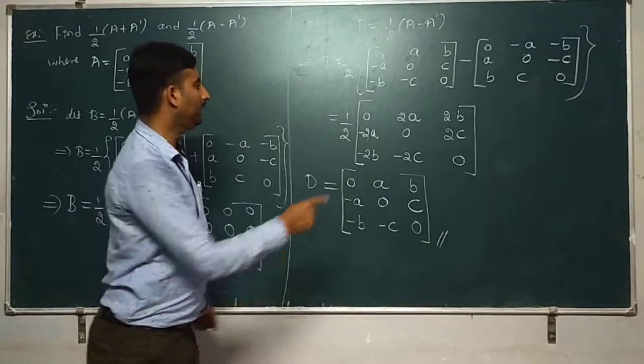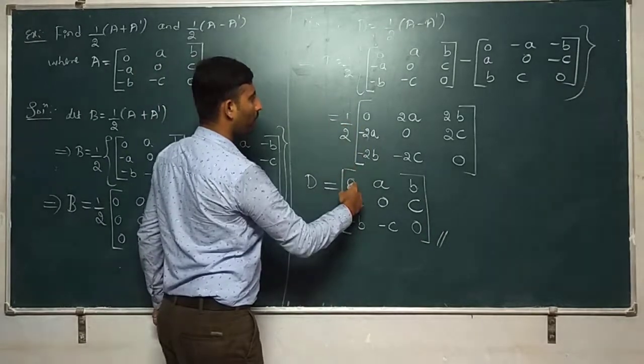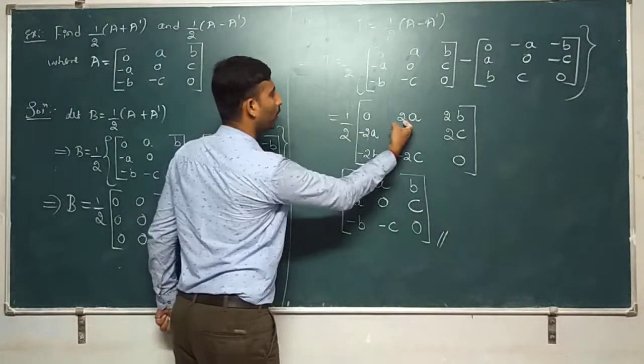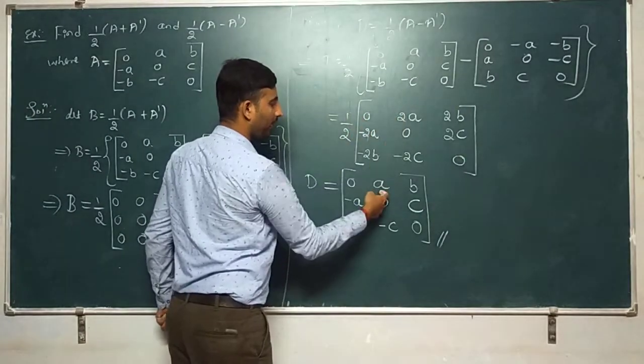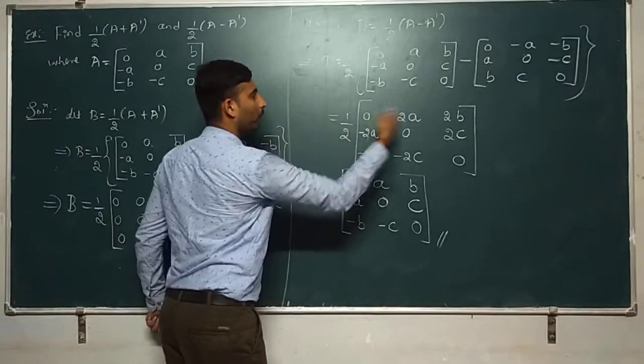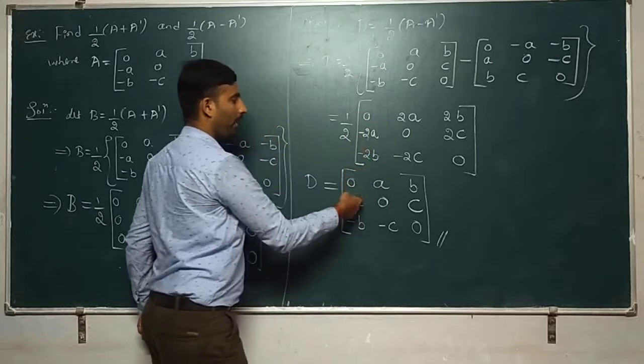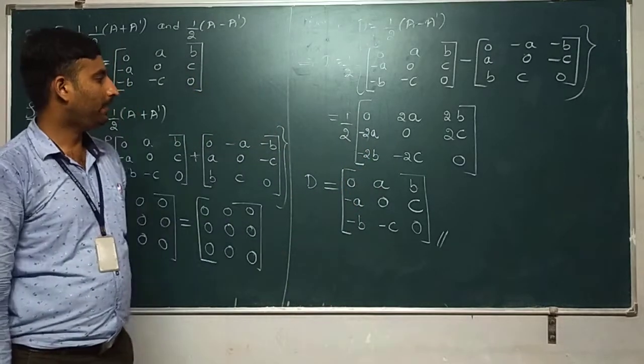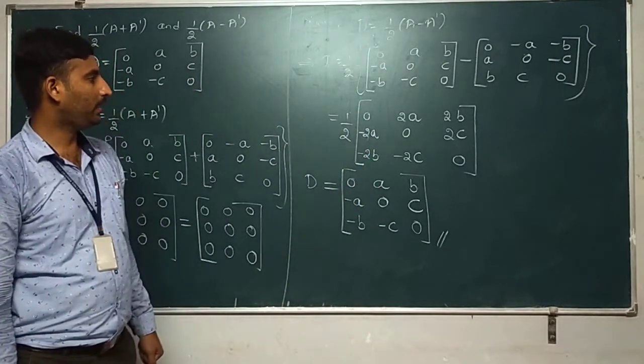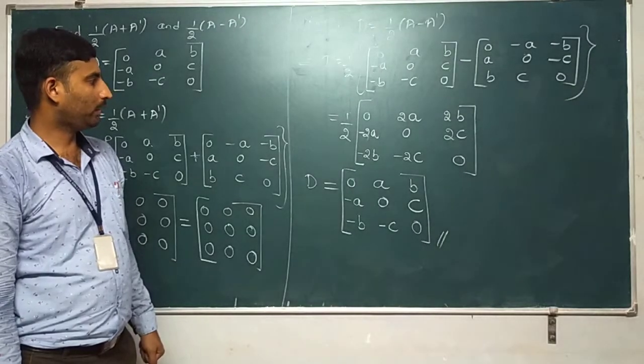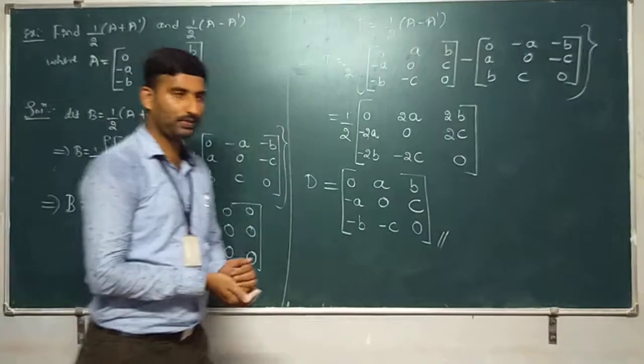Once again you have to check it: 2a by 2 gets a, 2b by 2 gets b, minus 2a by 2 gets minus a, 0, c, minus 2b by 2 gets minus b, minus 2c by 2 gets minus c, 0.